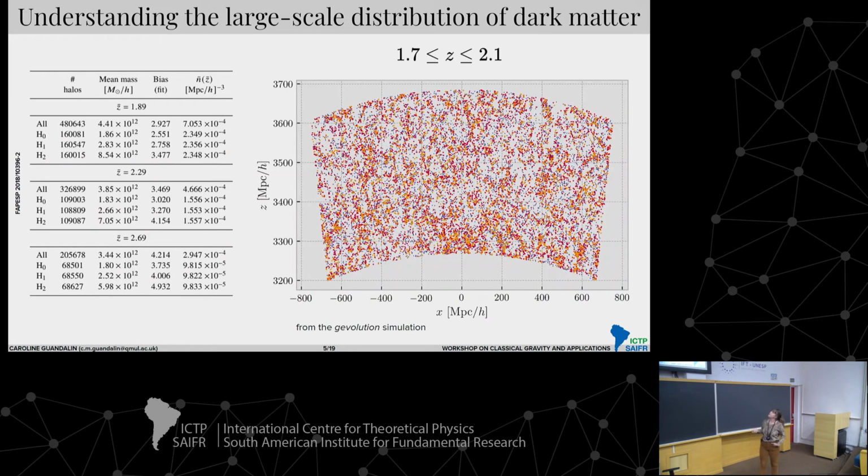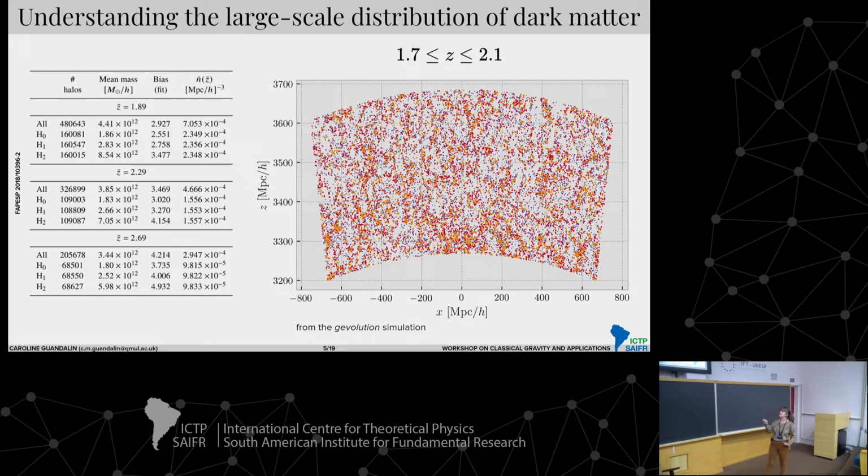So one example, and this is a slice of a light cone built from the relativistic N-body simulation DEVOLUTION. So this simulation involves the Einstein field equations in the weak field limit, it's an N-body code, and gives you, for example, as an output, the light cone containing dark matter halos.